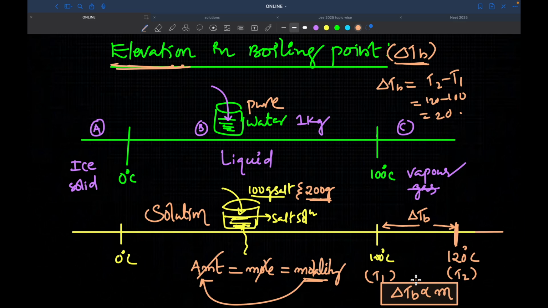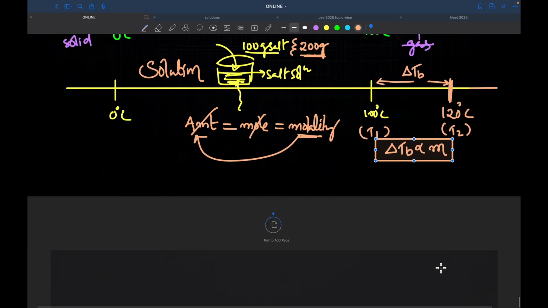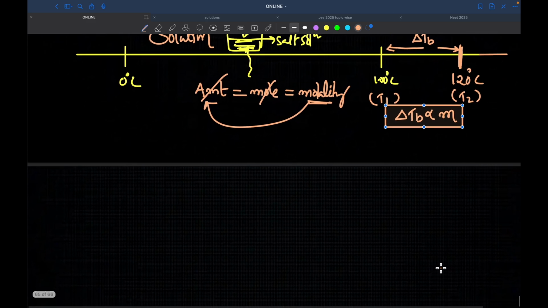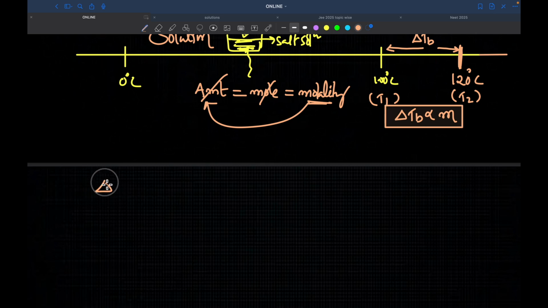Okay, am I right? So right, we'll continue with this formula. We got the formula, that is delta TB is directly proportional to molality.